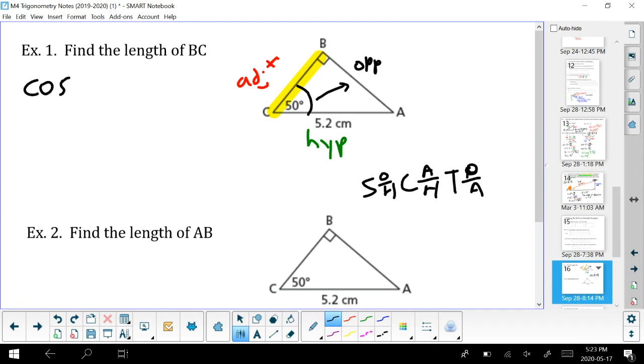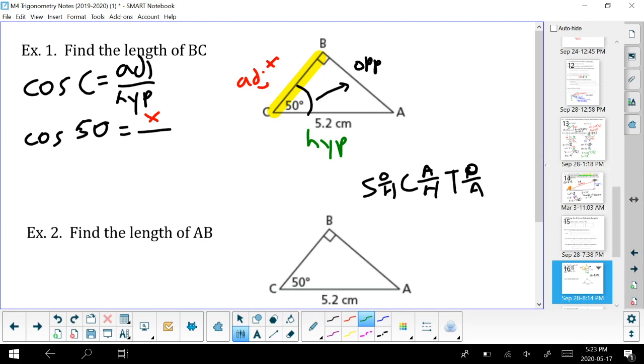So we have cosine of C is equal to the adjacent over the hypotenuse. So cosine, and we know what angle C is. Angle C is 50 degrees, so cosine of 50 is equal to the adjacent side, which is x, divided by my hypotenuse, which is 5.2.